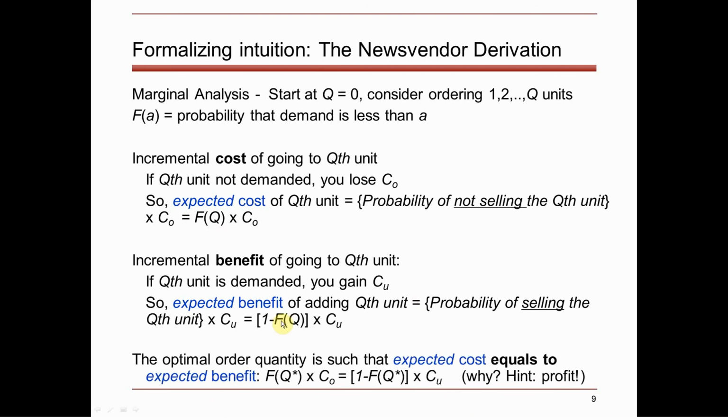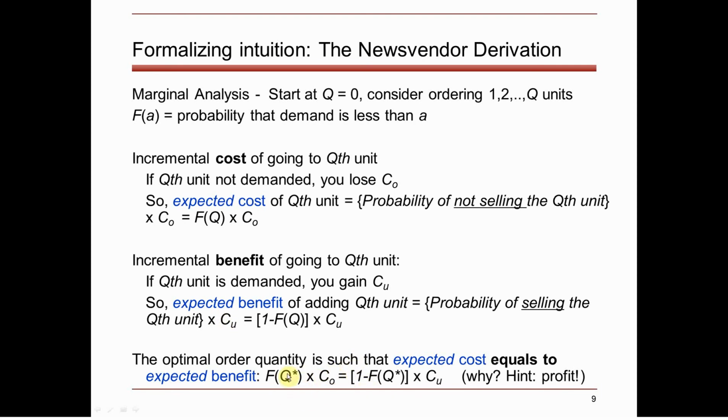So the optimal order quantity, or this Q star that we're looking for, is going to be where the expected cost equals the expected benefit. In other words, if we go too far, if we order too many, if Q is too big, we're going to start to lose. But if we order too few, then we're not going to get the benefit from selling more. So we look to see where they're exactly equal.